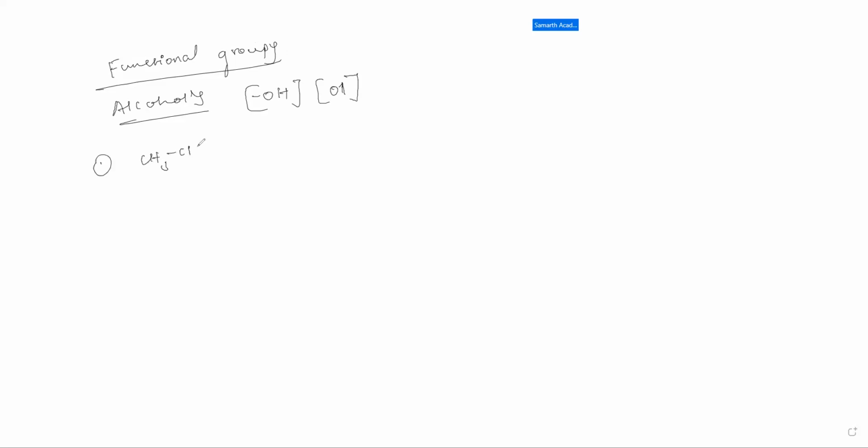Example, CH3CH2OH. So 2 carbon atoms present. For numbering, the first priority goes to the functional group carbon atom. The root word is eth, an, that is ethane, and the E of alkane is replaced by OL. So that is ethanol.